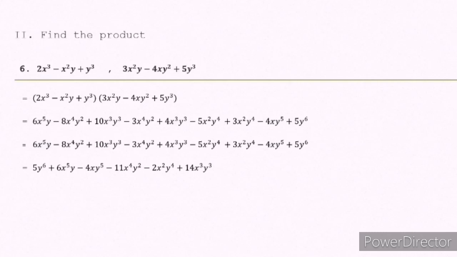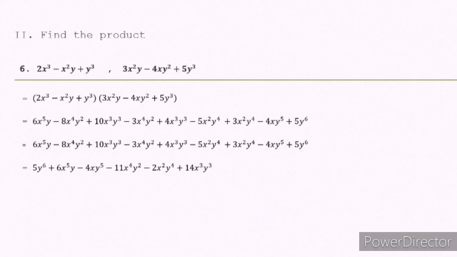Then 2x cubed times 4xy squared is equal to 8x to the 4th y squared. 2x cubed times 5y cubed is equal to 10x cubed y cubed.